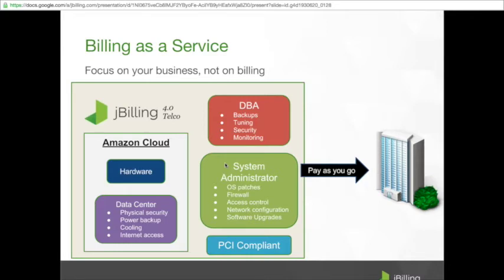Now, of course, this all sounds really good, but most of you are probably thinking, look, billing today, in general, is something that has a lot of difficulties with performance. How is it that JBilling could run billing for telcos in a scalable way that many telcos could run basically on the same infrastructure?